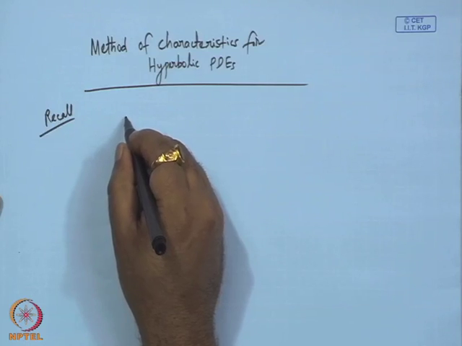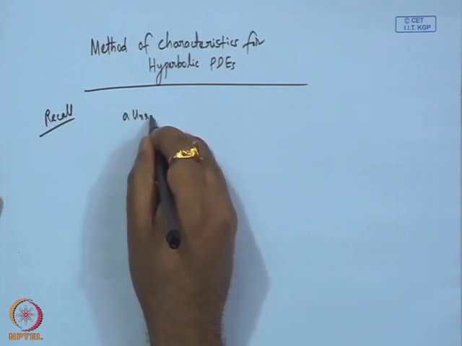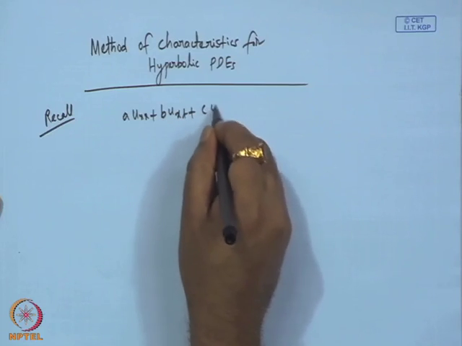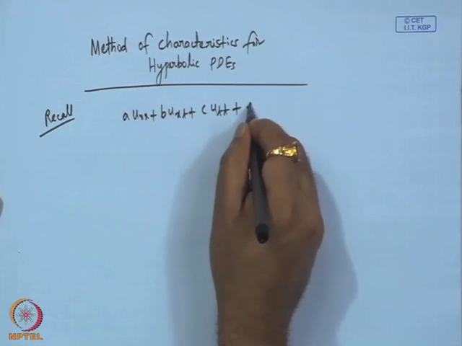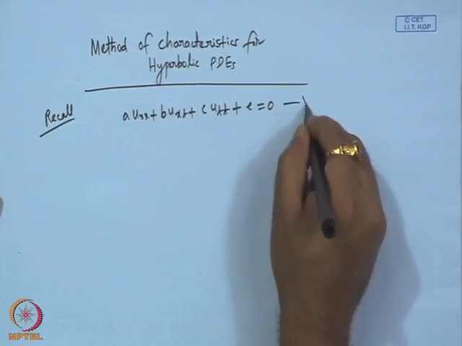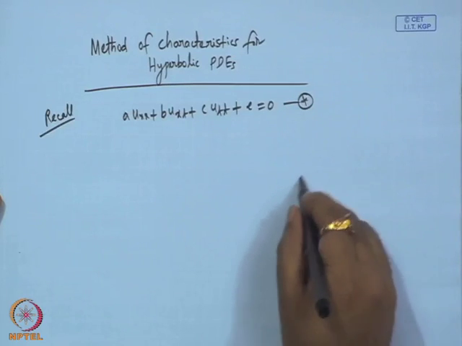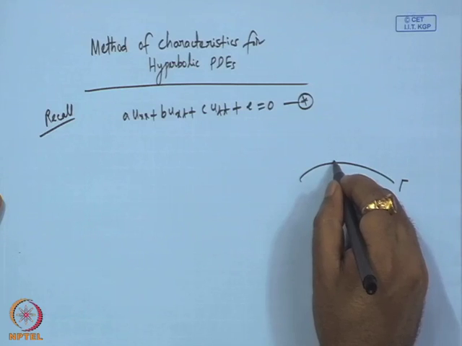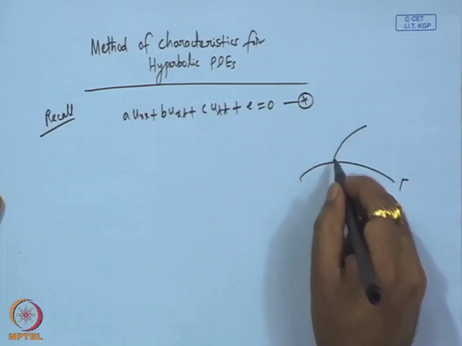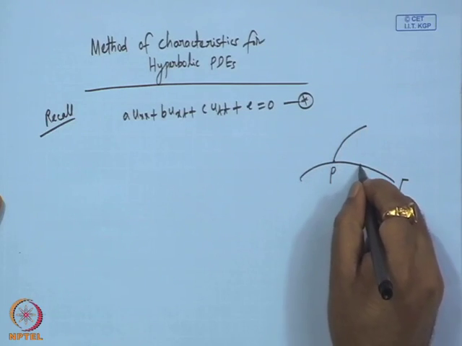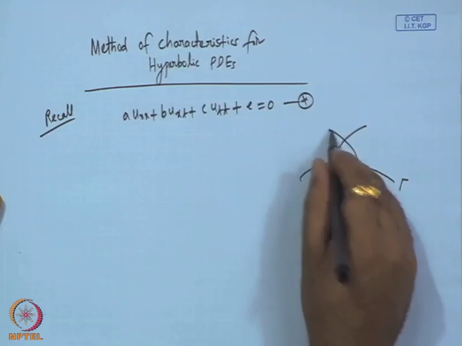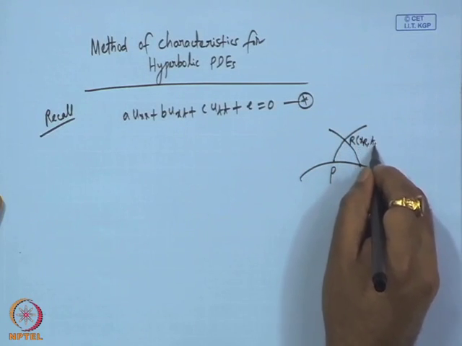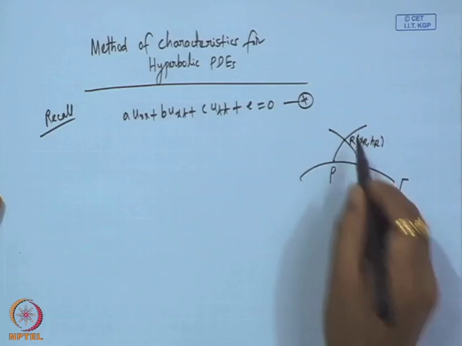a PDE of the form... Okay. So, then if gamma is any non characteristic curve, if we take two points, they intersect at the point R. Okay.